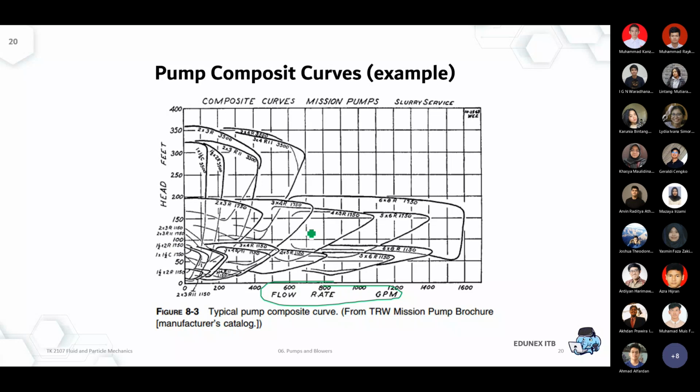The velocity U1 and U2 will be the same if the diameter is the same, the same pipeline diameter. If it enters at 1 inch, it will exit at 1 inch.